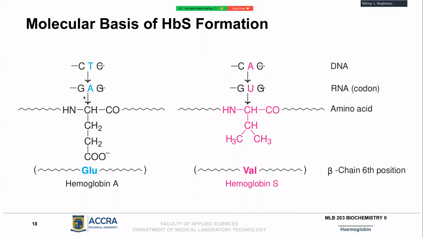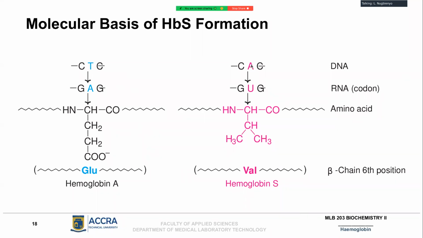Now, this code on the messenger RNA is responsible for the amino acid glutamate. And this is at the 6th position of the beta chain. So if it is the beta globin, the beta protein, we are showing only the 6th position, where you have glutamate here. Now, in a sickle cell, this pyrimidine, thymine, is replaced.